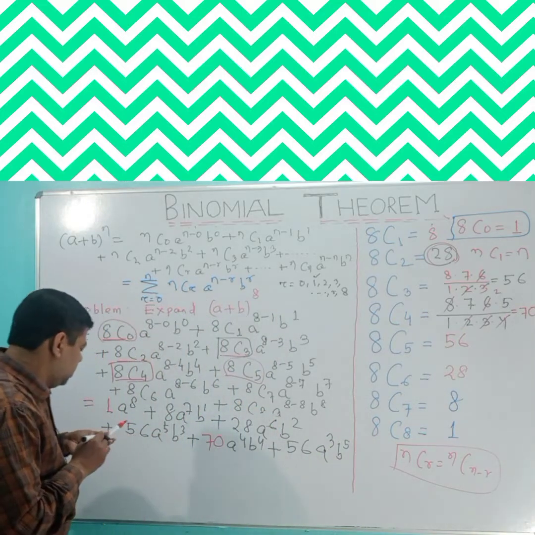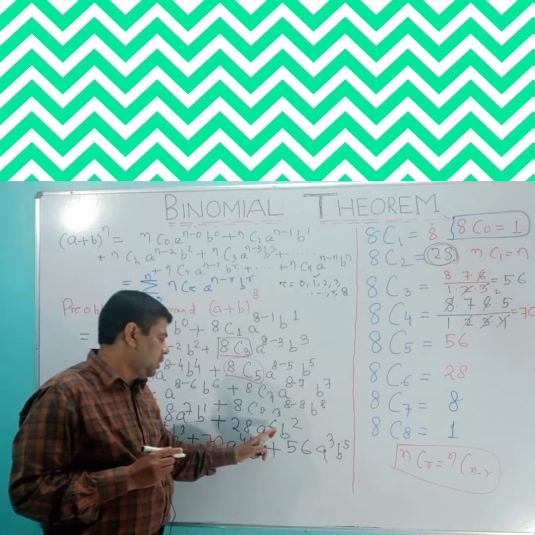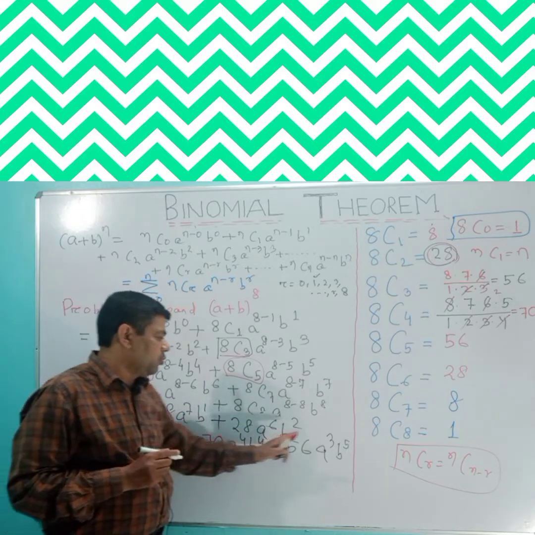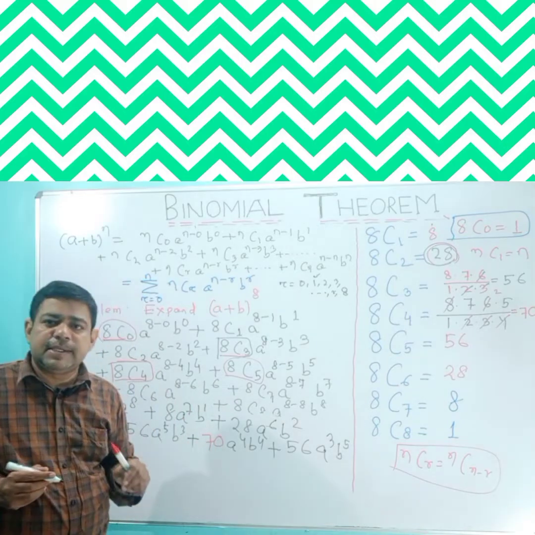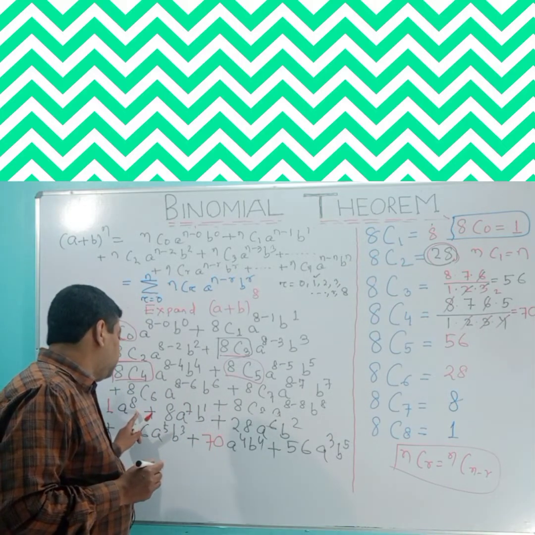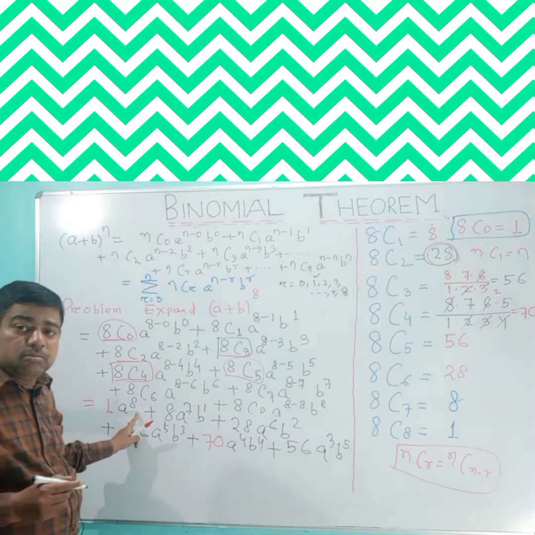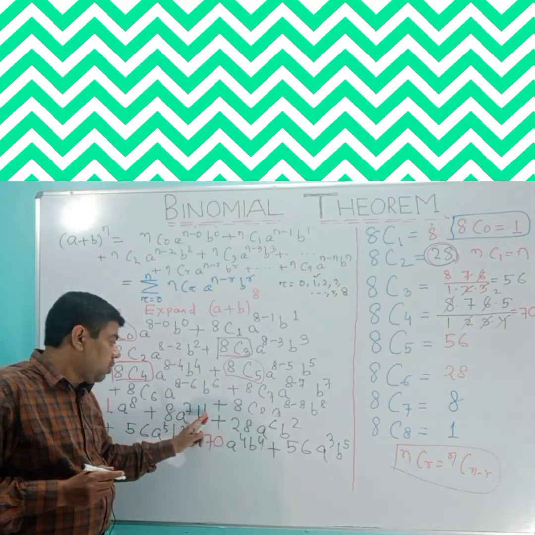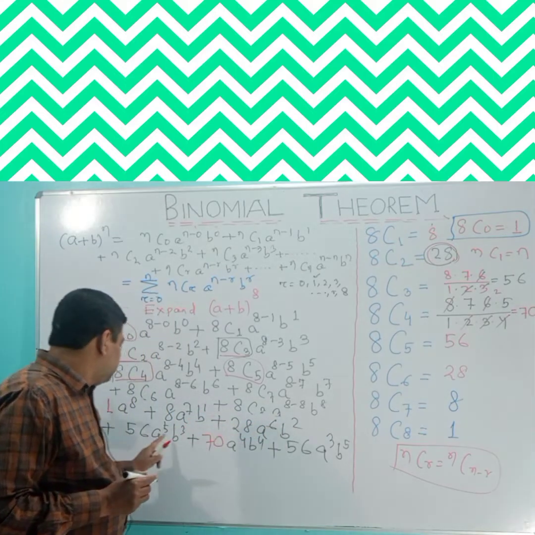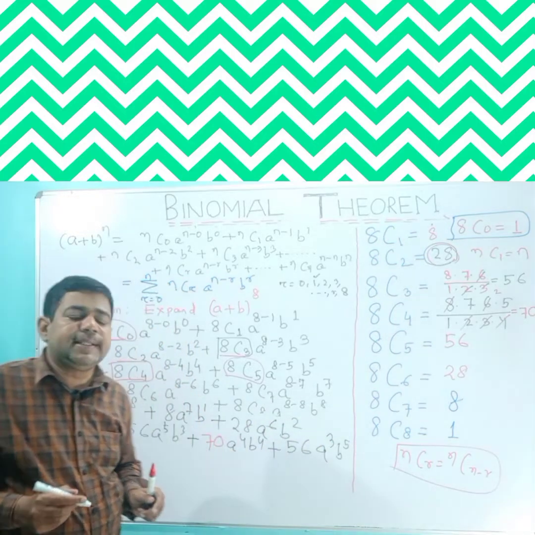Once again you see here the power of a is 8, 7, 6, 5, 4, 3. It means the power of a is decreasing by 1, and the power of b is 0, then 1, 2, 3, 4, which means the power of b is increasing.